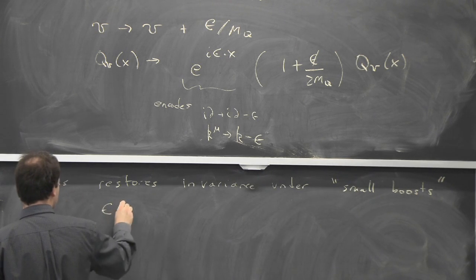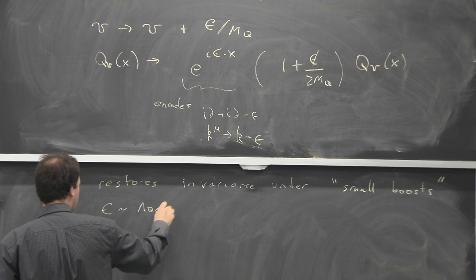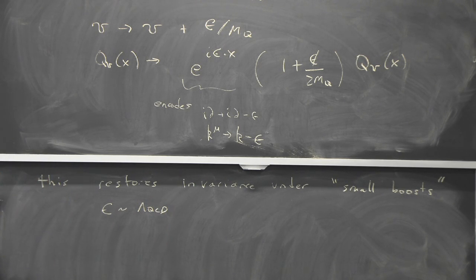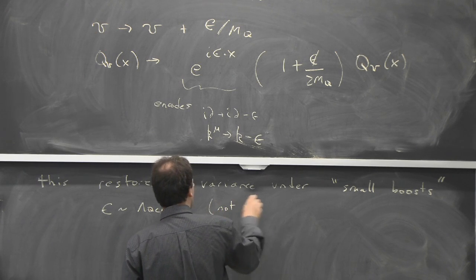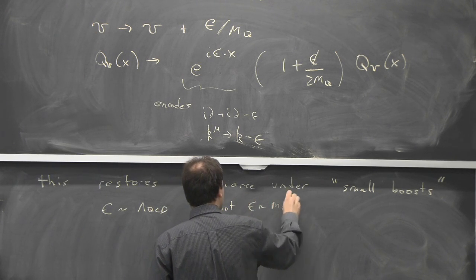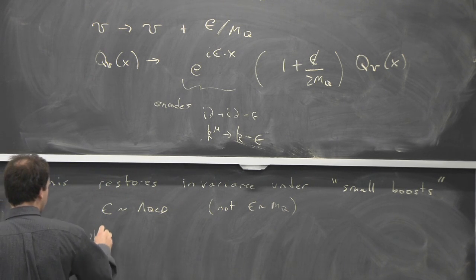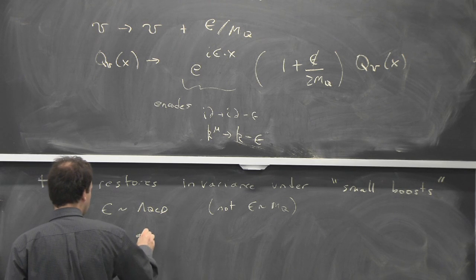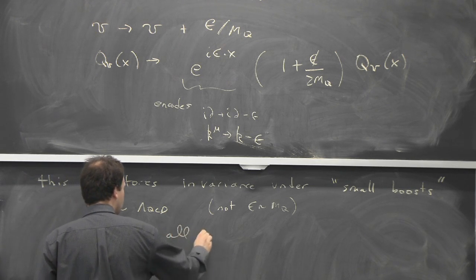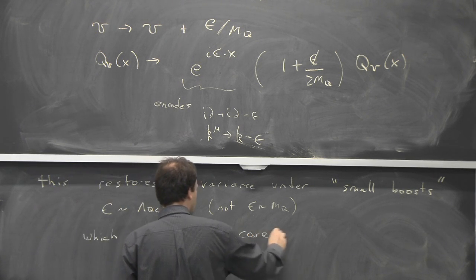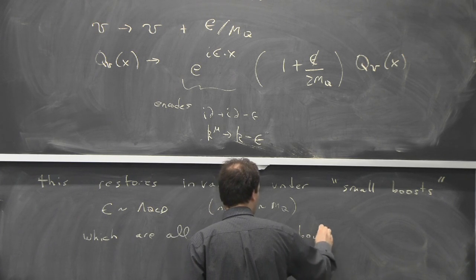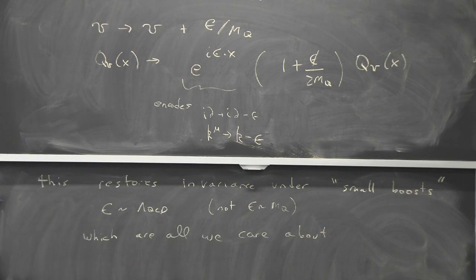The reason that I call them small boosts is because epsilon here had to be of order Lambda QCD. It couldn't have been of order m_Q. That's what I mean by small. And from the point of view of this theory, this is all we care about, because we want to remain within the region where the effective theory was valid.